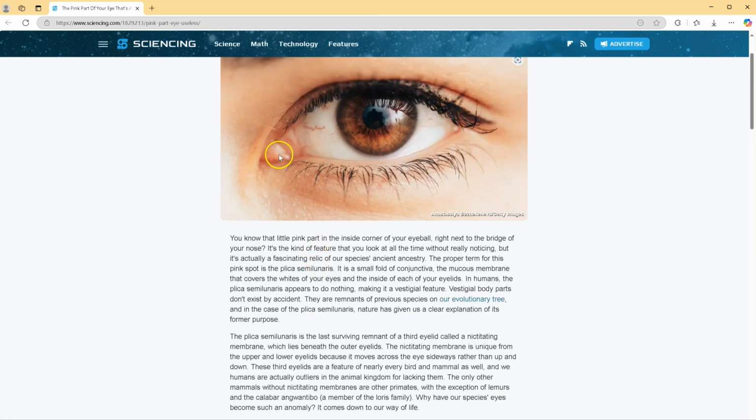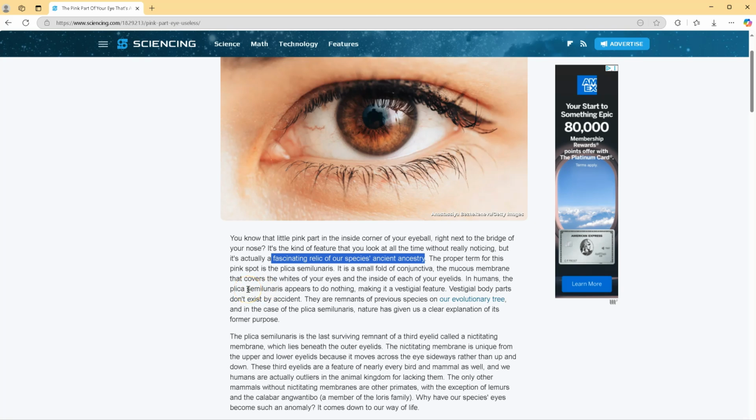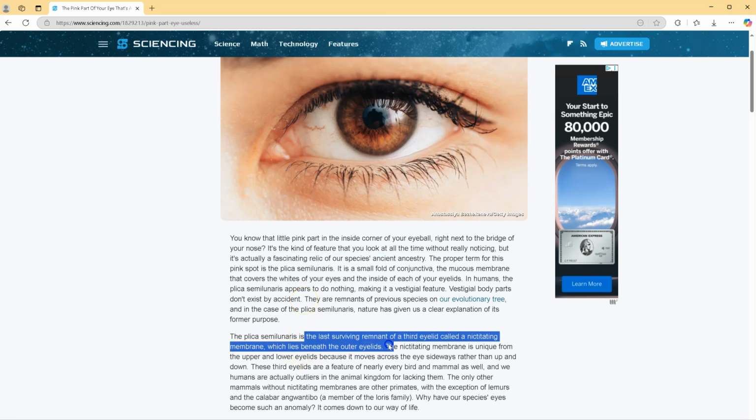That pink corner of your eye, right next to the bridge of your nose, is a feature you look at all the time without really noticing, but it's actually a fascinating relic of our species' ancient ancestry. It's a small fold of conjunctiva, the mucous membrane that covers the whites of your eye. In humans, the plica semilunaris appears to do nothing. It's the last surviving remnant of a third eyelid.